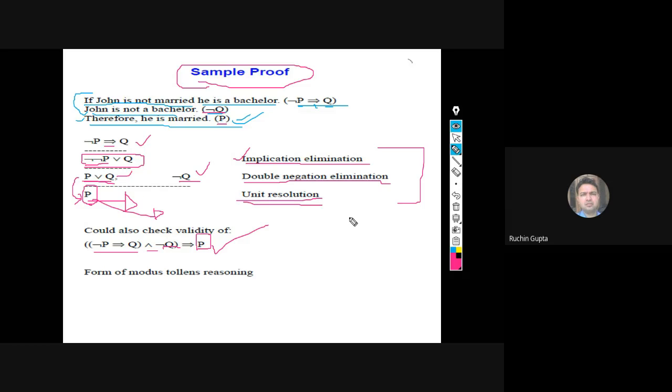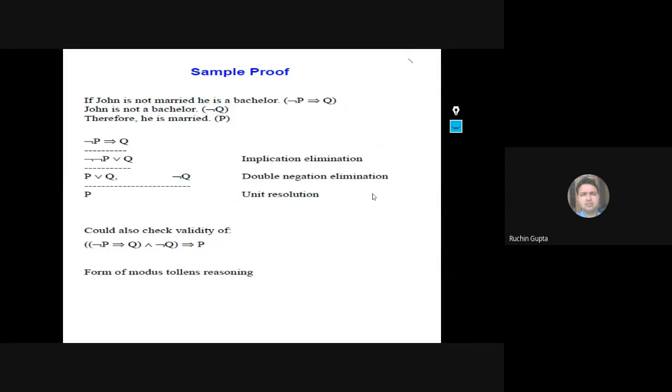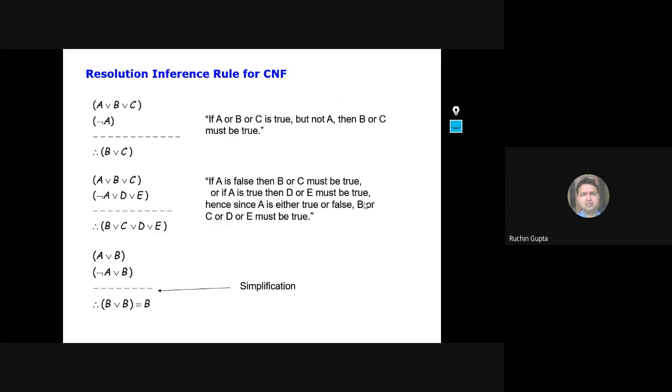Are you able to see my screen? Yes, sir. Okay. So I hope this is clear. Yes. Okay.